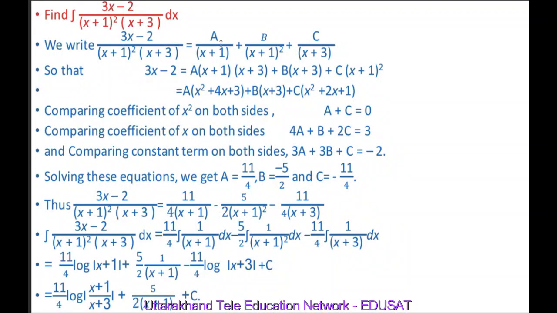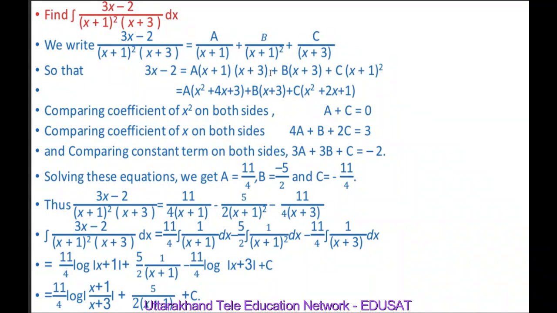So here in the first term, in the denominator we have x plus 1 and LCM is x plus 1 whole square into x plus 3, so it will be x plus 1 into x plus 3 plus b into, here we have x plus 1 whole square and the denominator is x plus 1 whole square x plus 3, so it is b into x plus 3 plus c into x plus 1 whole square, because LCM is x plus 1 whole square into x plus 3 and here we have x plus 3, so it is x plus 1 whole square.